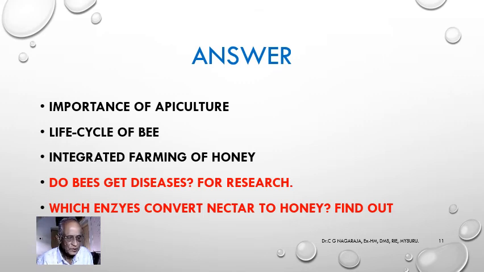At least remember, the bee is an insect and it has 4 stages like any other insect: the egg, the larva, the pupa, and the adult. It may take 16, 18, or 22 days depending upon the type of the bee. We can increase or decrease the life cycle by changing the conditions or by doing some external factors. We can alter that. You also should know what is the meaning of integrated farming of honey.